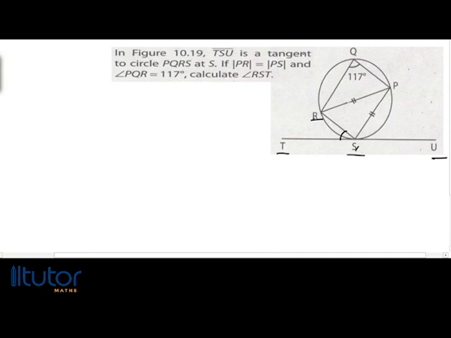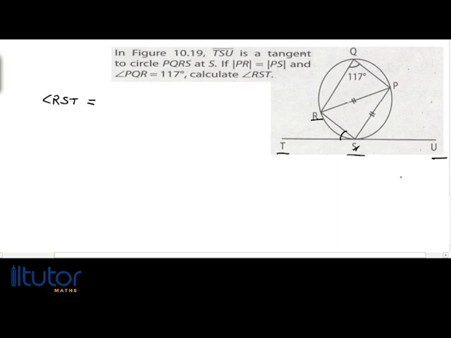The chord RS is this line from R to S. The angle between the tangent to a circle and a chord, which in this case is the angle RST, is equal to an angle in the alternate segment.